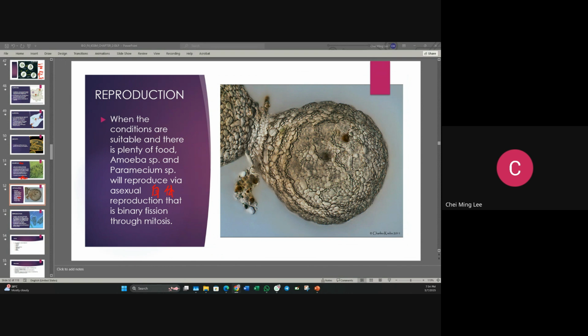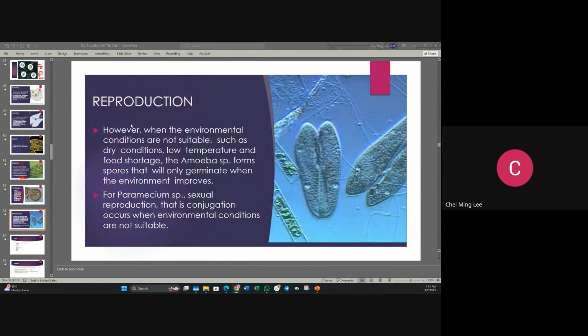Okay, continue. However, when the environmental conditions are not suitable, for example dry condition, low temperature, and a food shortage, the amoeba will form spores. Spores, when you wash mushrooms, sometimes very tiny black things come out.